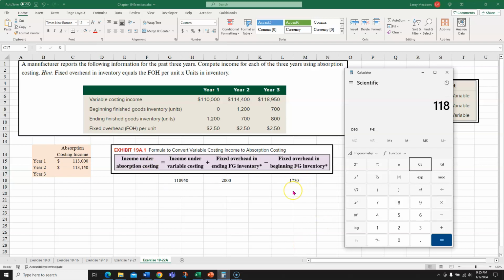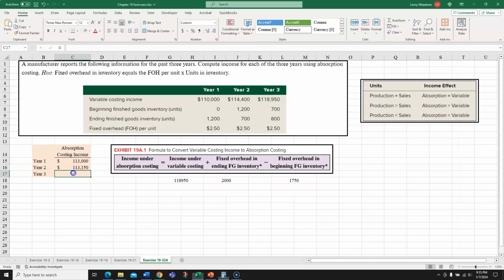So 118,950 plus 2,000 minus 1,750. And that gives me absorption income of $119,200. And there we've solved and answered the question.